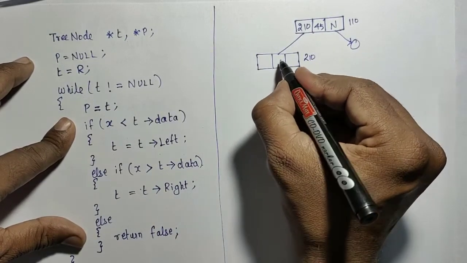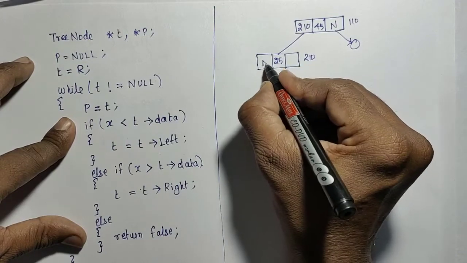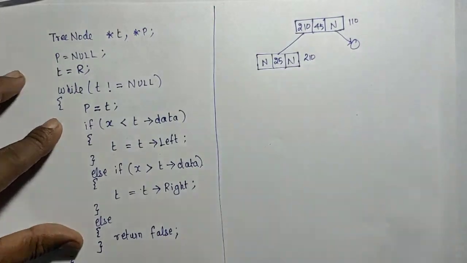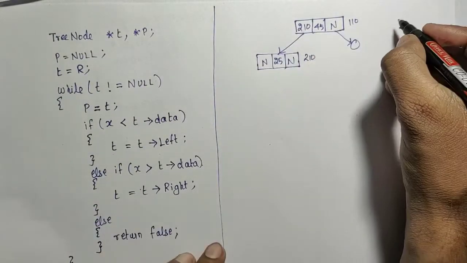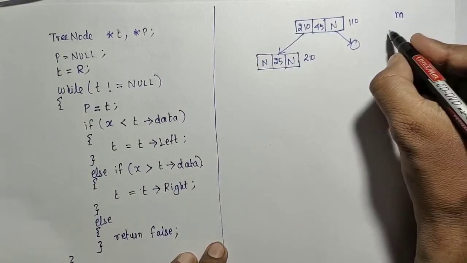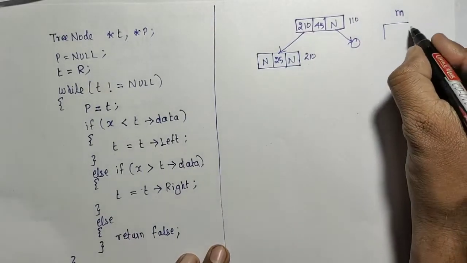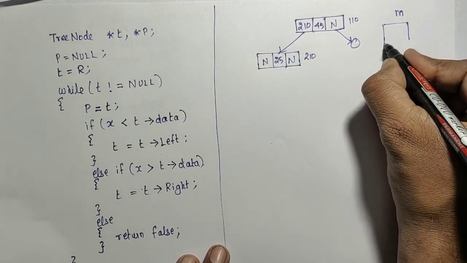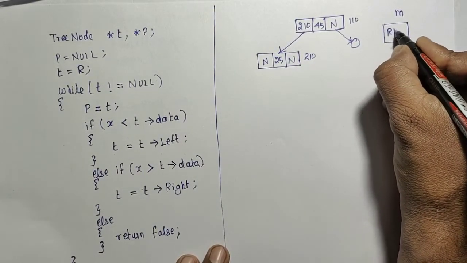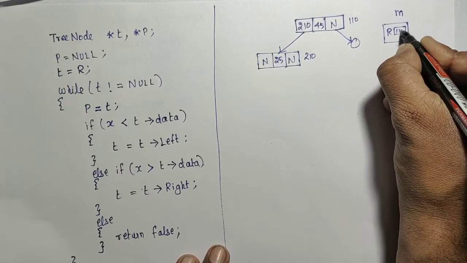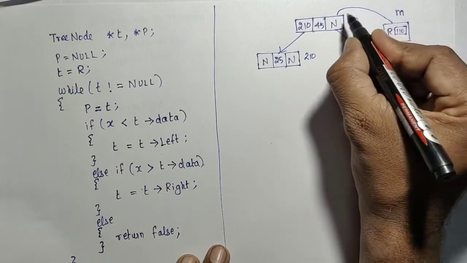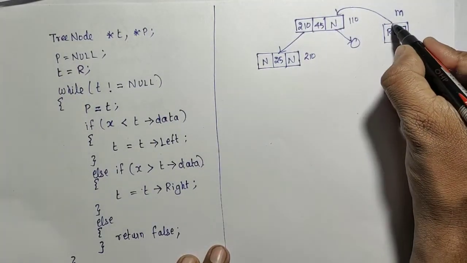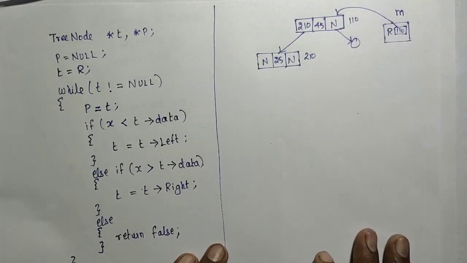Here it contains 25 and null. So this is the root. Root means m, which contains the r value as 110, which is pointing to this node.